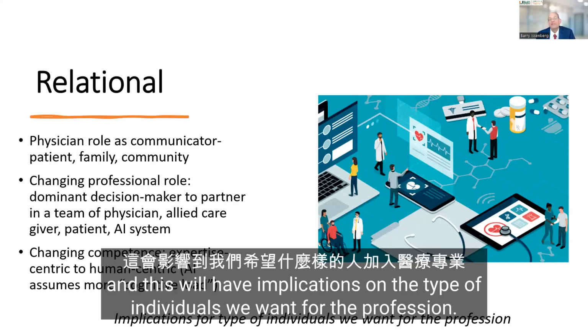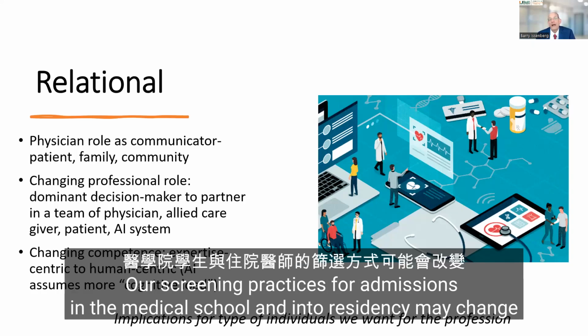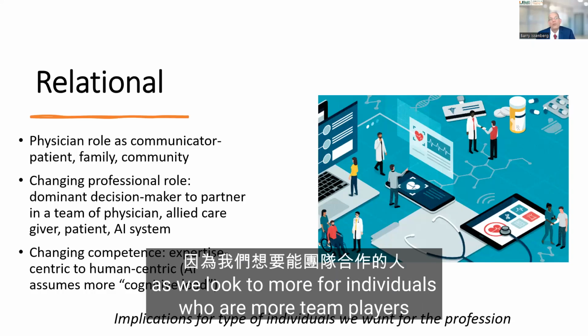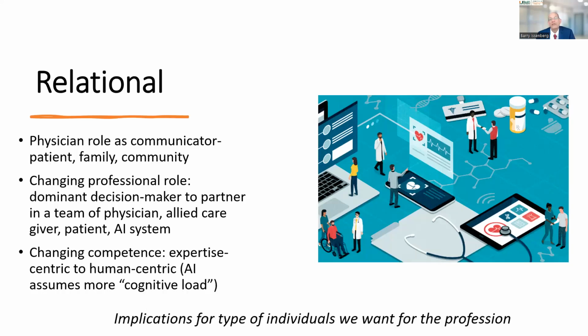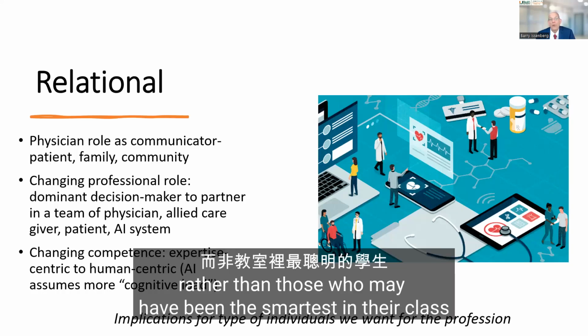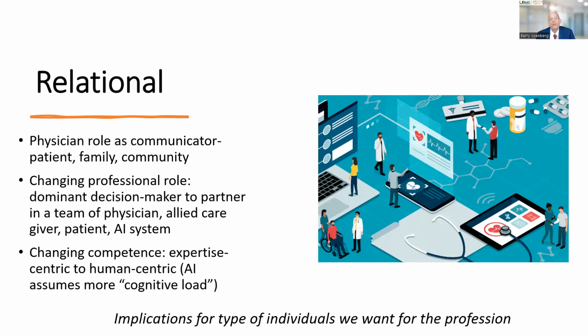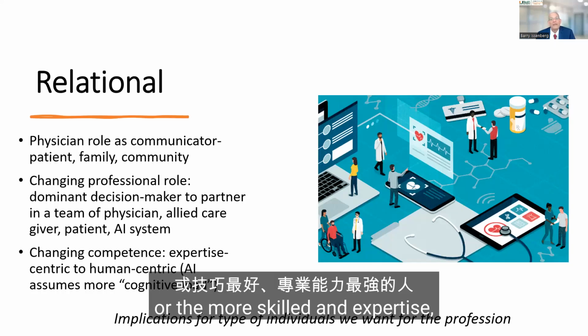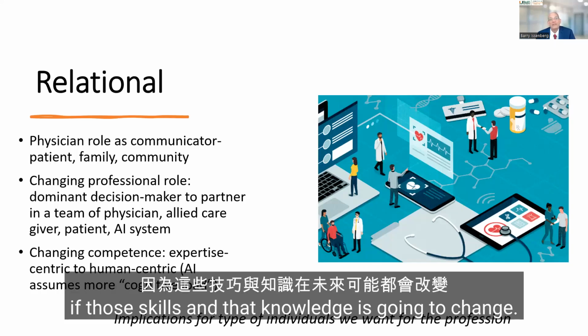And this will have implications on the type of individuals we want for the profession. Our screening practices for admissions into medical school and into residency may change as we look more for individuals who are more team players, rather than those who may have been the smartest in their class or the more skilled in expertise, if those skills and that knowledge is going to change.